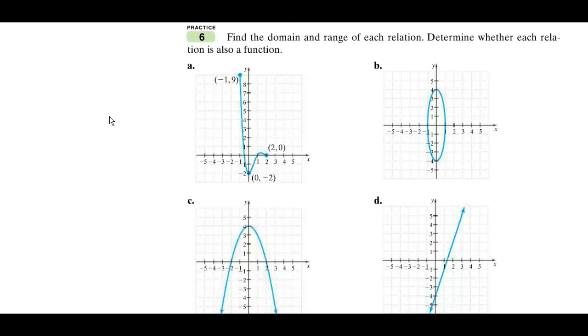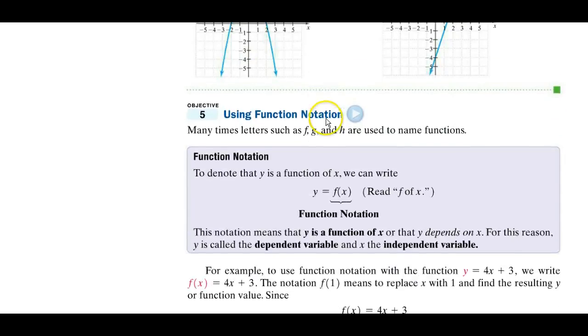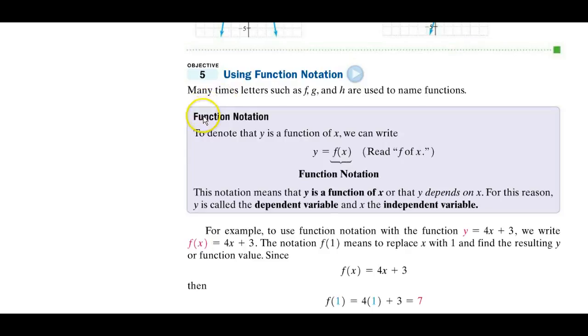Okay, practice is similar. Again, for domain, we would project it down. This looks like a -1 to a 2. And then for the range, a -2 to a 9.